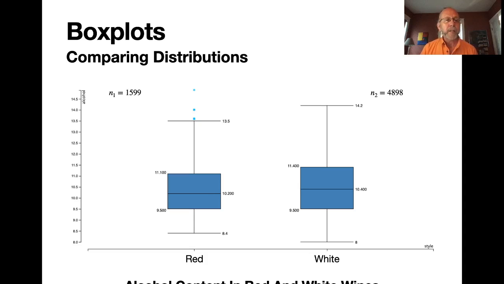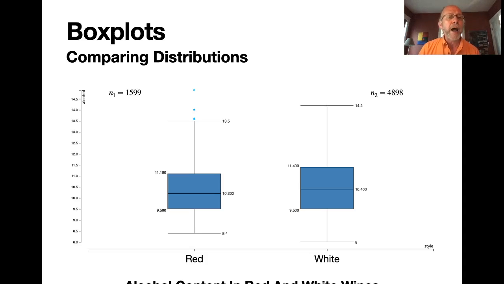Comparing the two box plots, we see the middle 50% for both red and white is approximately the same. The middle 50% for the white wines spans a slightly larger range of percentages, but they're approximately the same. And in fact, these two distributions are pretty close. They're not exact.